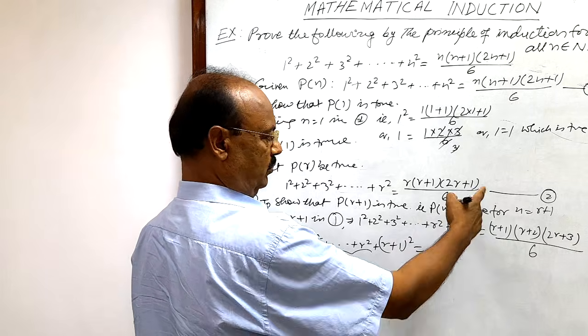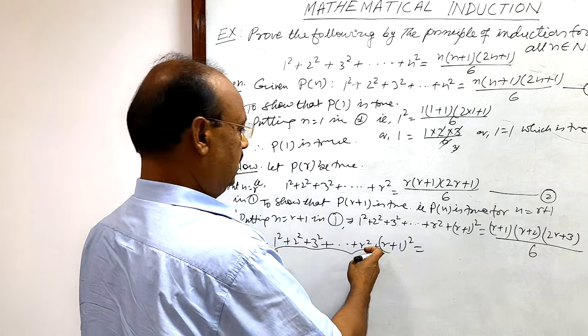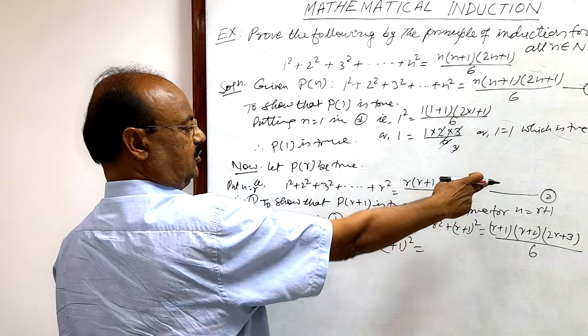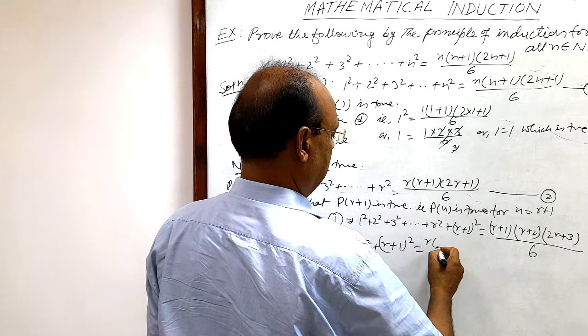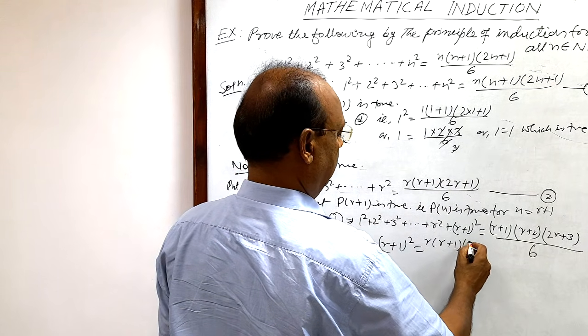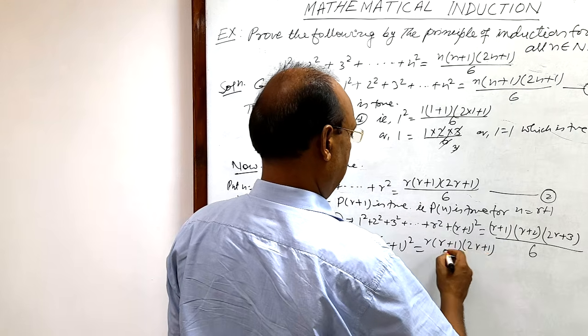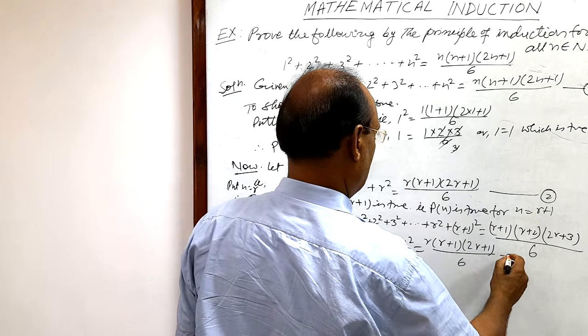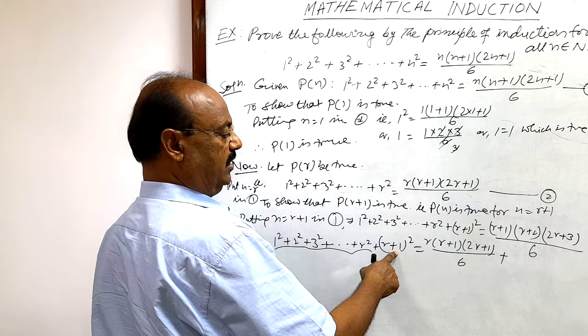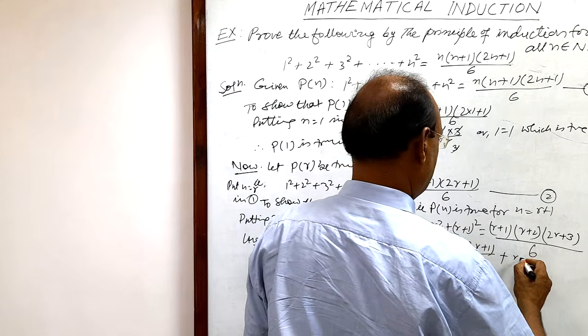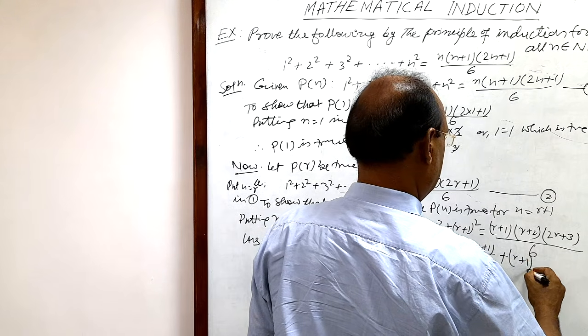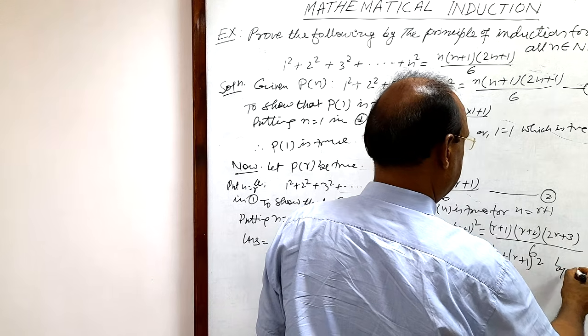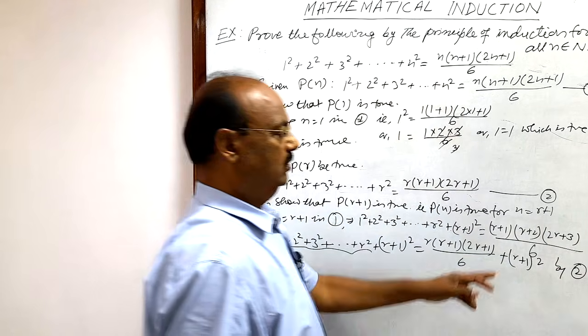So this is r into r plus 1 into 2r plus 1 divided by 6, and this term is remaining here, r plus 1 whole square. We are writing it with the help of relation number 2.